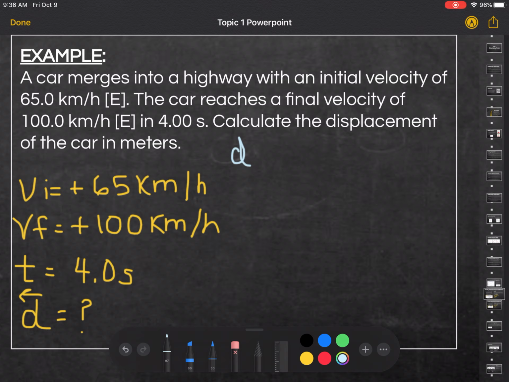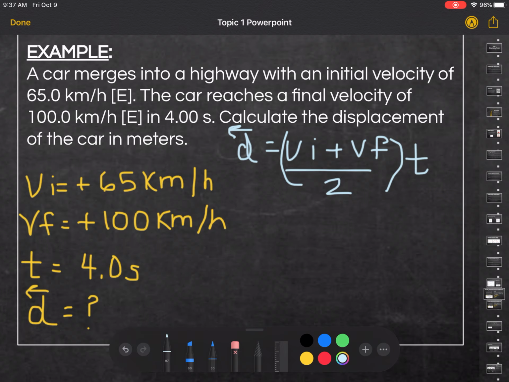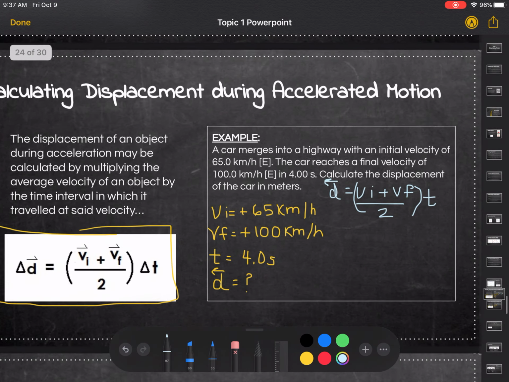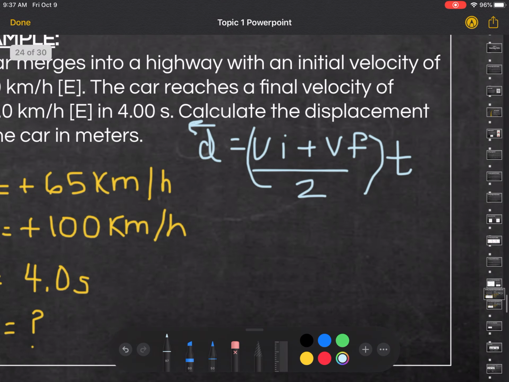So our displacement is equal to our VI plus our VF divided by 2 and multiplied by T. Just going to double check that I did that right. Perfect. So that's our formula.